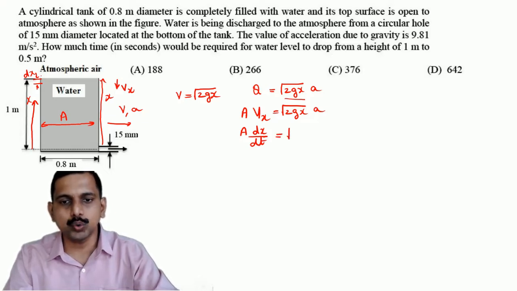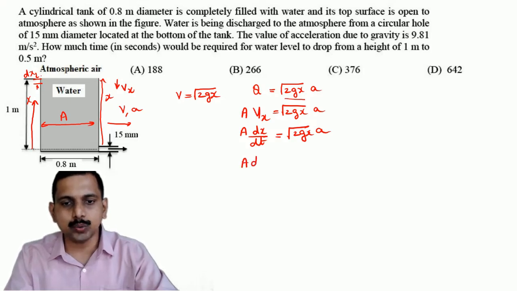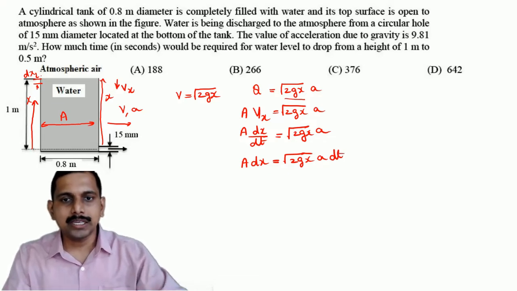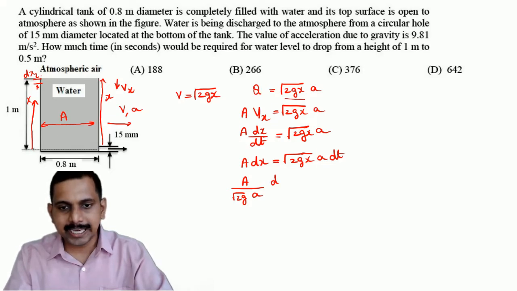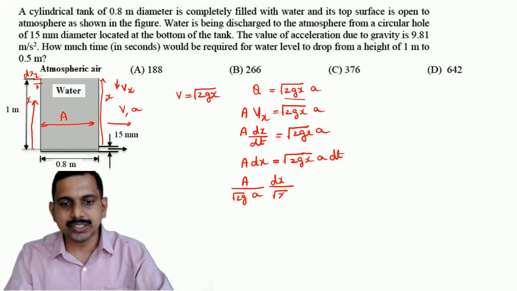So A into dx is equal to root of 2gx into a into dt. Now by separation of variables, I can write it like this: A by (root of 2g into small a) into dx by root x is equal to dt.